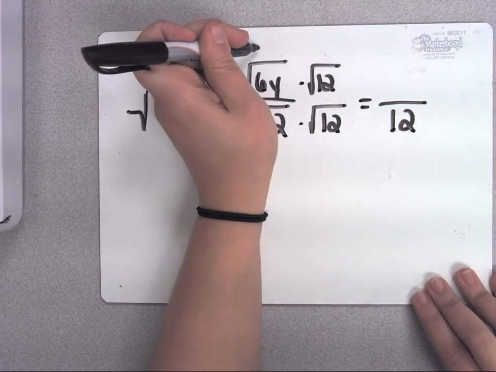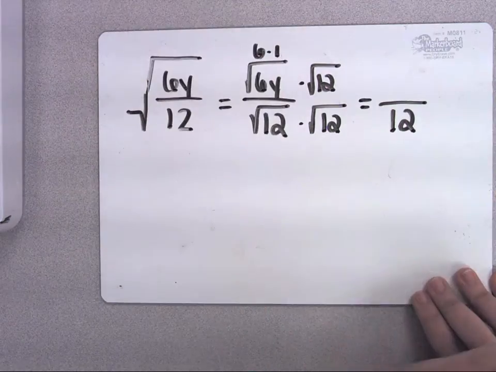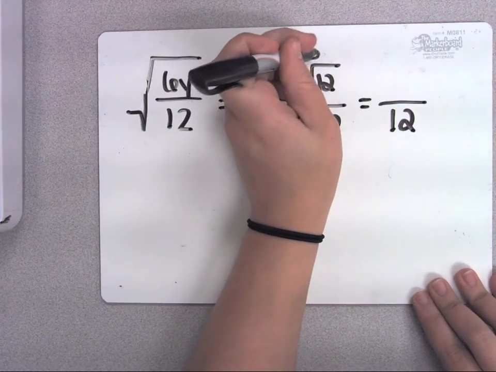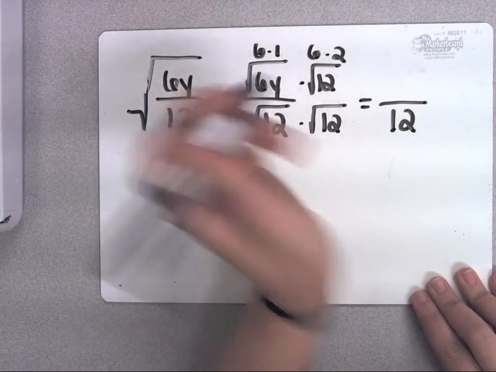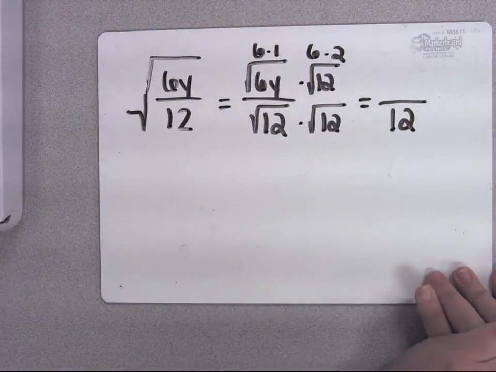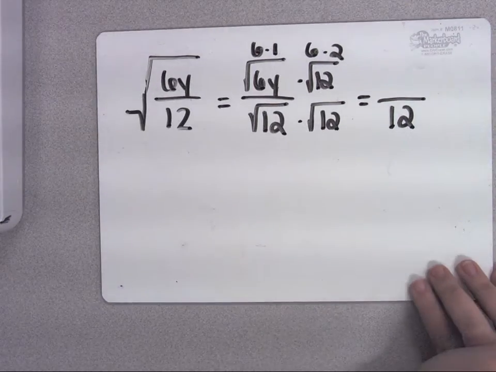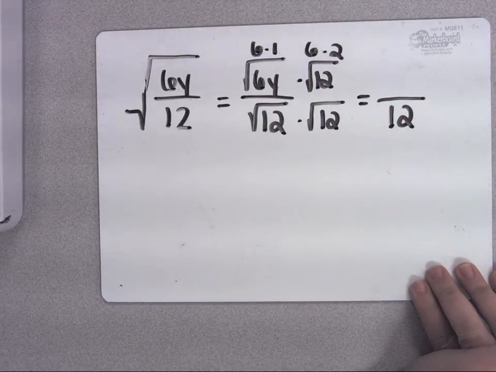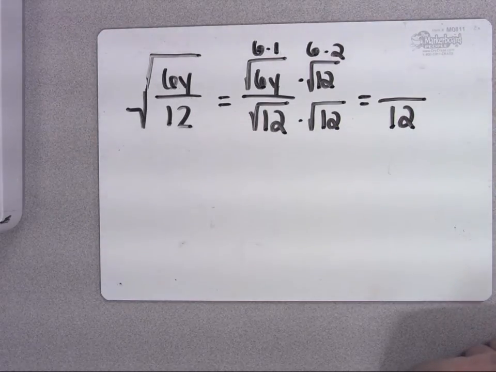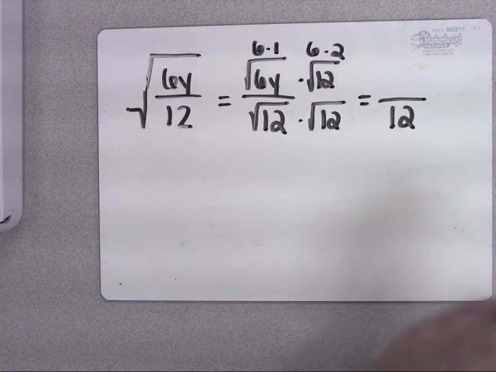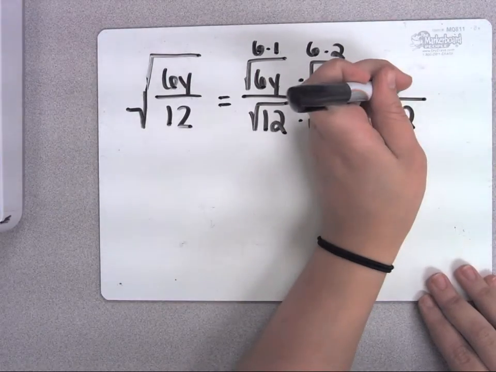Or I can look at my cheat sheet and go, I know that this is 6 and 1. I know that this is 6 times 2. So, think about it. If not, do the multiplication. Simplify the radical. I know the answer already. What's the simplified top? I'll give you a hint.